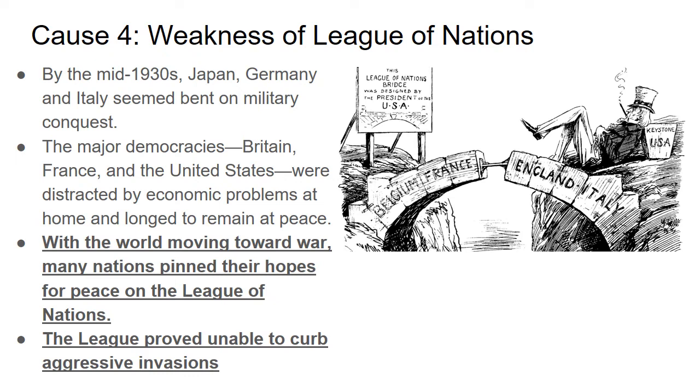So the idea behind the League of Nations was that this would be an organization where countries around the world could solve their issues through diplomacy, so that you wouldn't have people expanding aggressively, so that you wouldn't have wars starting all over the place, that people would use their words instead of their guns. And the leaders of the League of Nations were supposed to curb aggression from places like Japan and Germany and Italy.